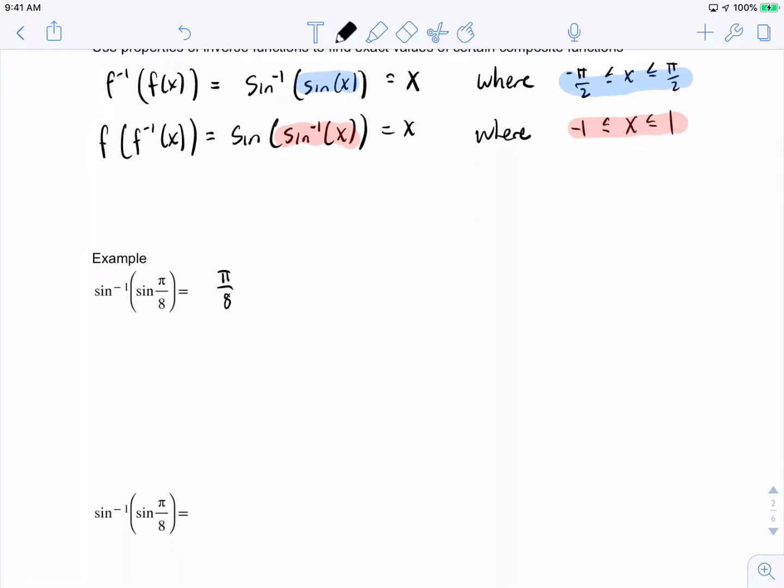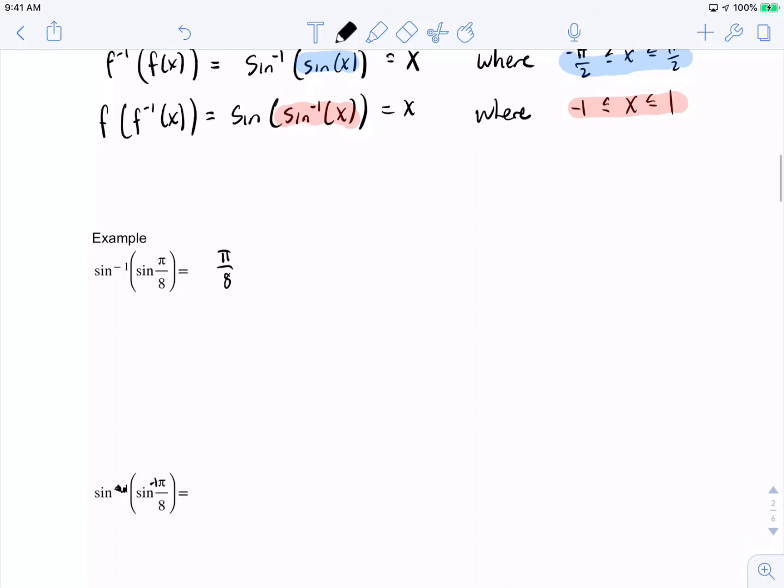Now, this one here is supposed to be reversed. This is supposed to not be inverse, and this is supposed to be inverse. Now, pi over 8, when the inverse is on the inside, so let me rewrite that so it looks clean for you guys. It should be sine of sine inverse of pi over 8.